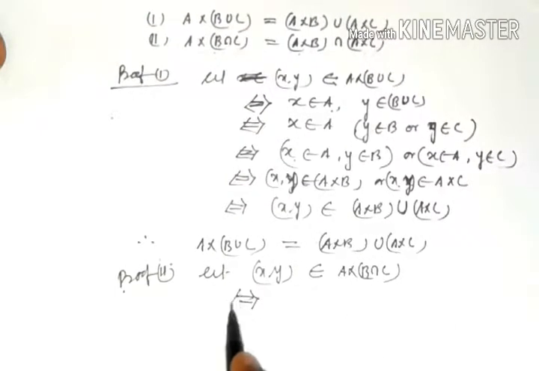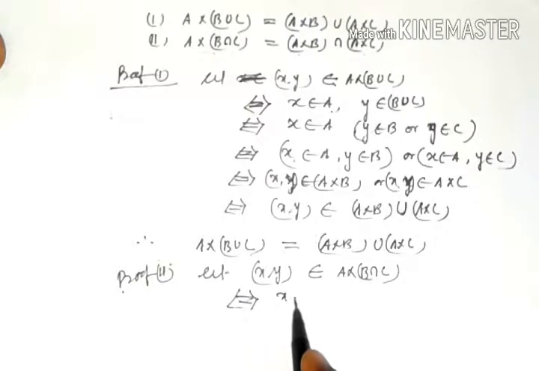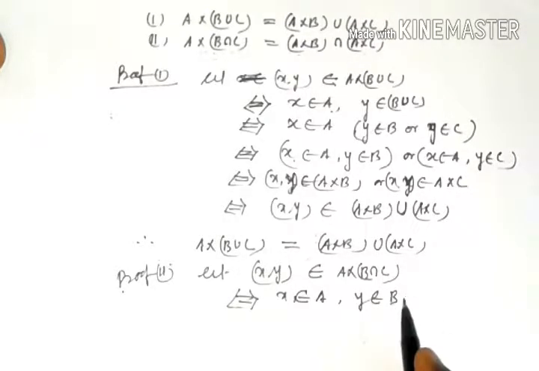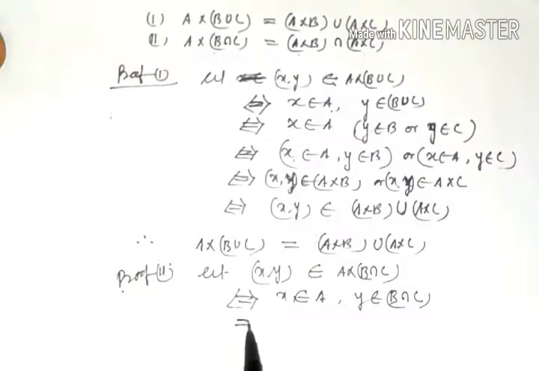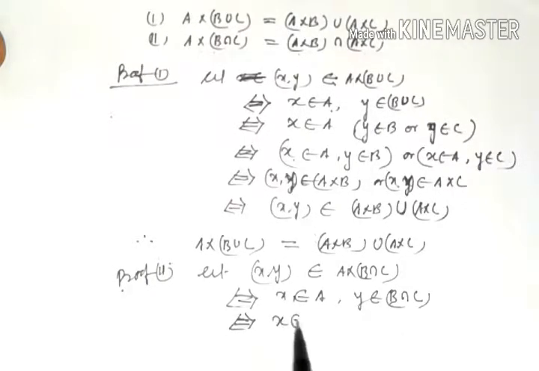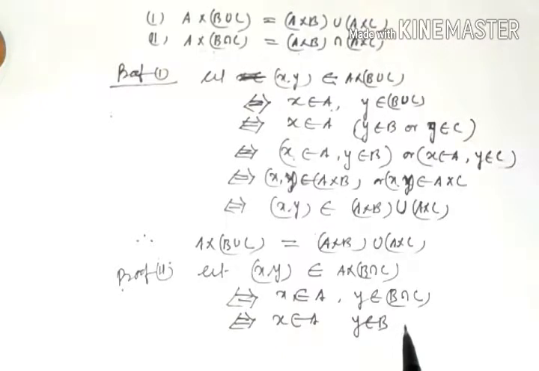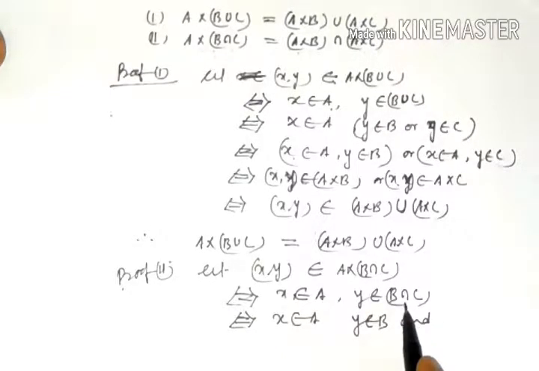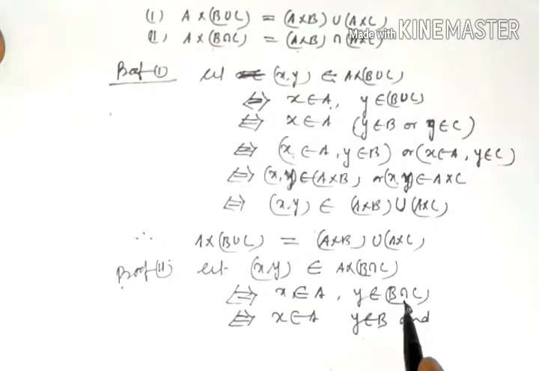If and only if, x belongs to A, y belongs to B intersection C. That is, x belongs to A, y belongs to B, and, this is for n, y belongs to C.